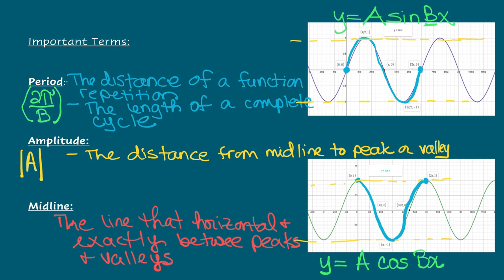So for the parent functions, it's going to be y equals 0. So in this case, it's going to be right here and right here. Now, if there's a shift, that value is going to move. Okay, that line is going to move. All right, so now we know how to find our period, we know how to find our amplitude, and we know what the midline is for our parent functions.